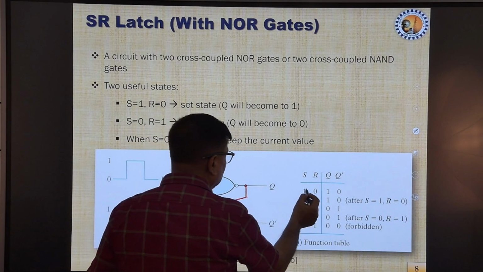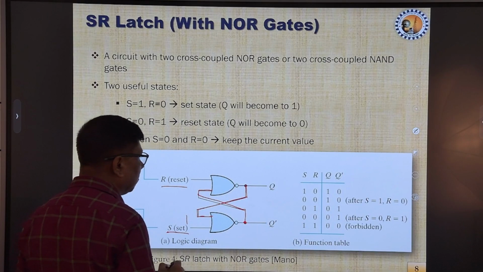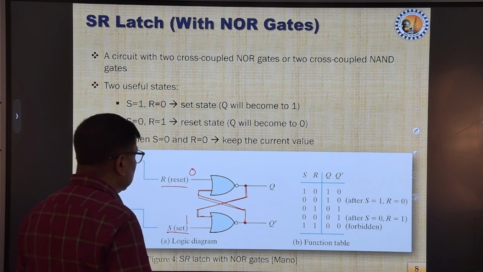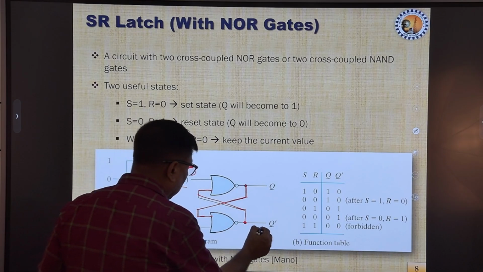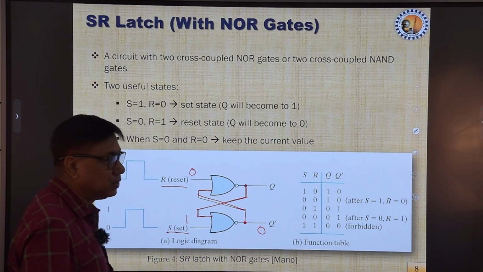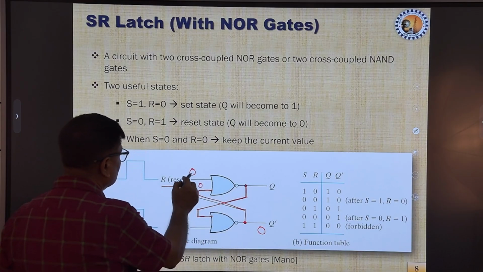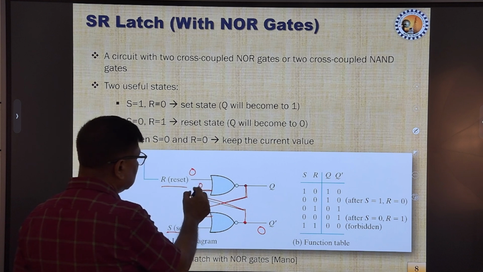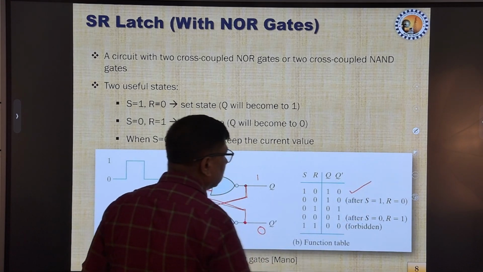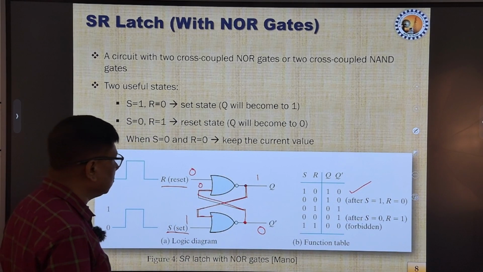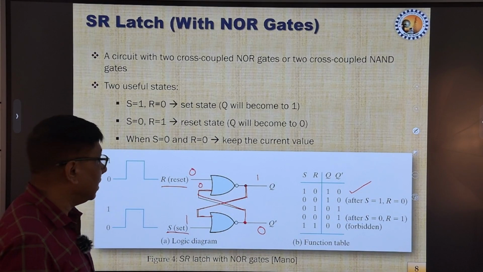First, if we apply a 1 to S, which is over here, and a 0 to the other, as soon as a 1 is applied, the output of this gate will become 0, and when this 0 is fed back to this input, so both the inputs are 0, the output will become 1. So this is the state it is referring to over here. Q is 1 and Q bar is 0, and this is called the set condition of this latch.